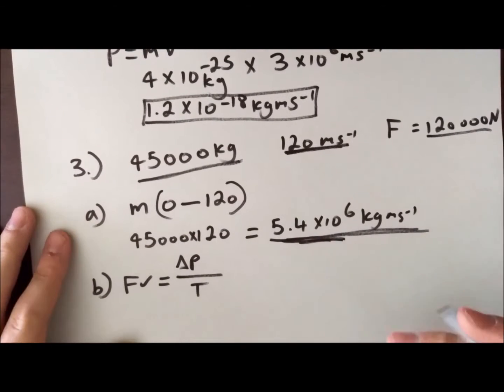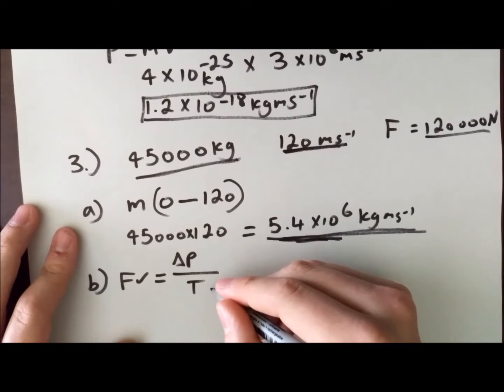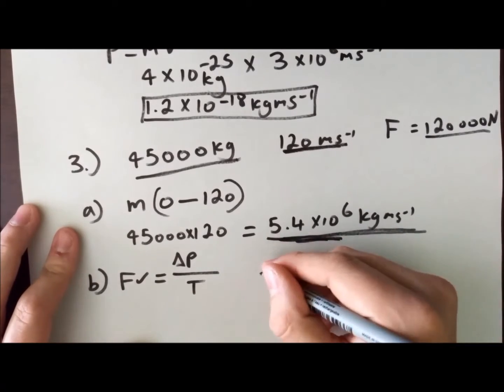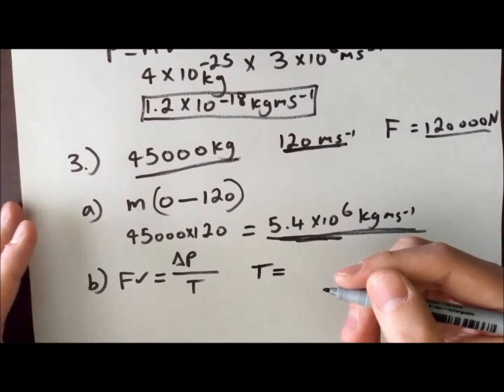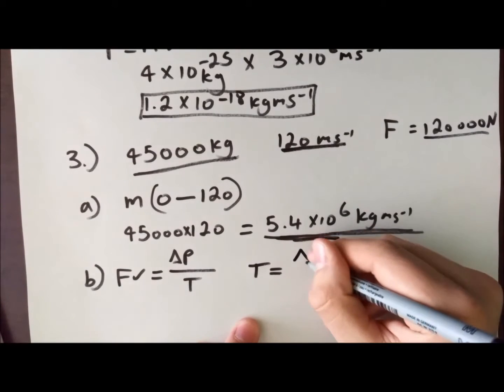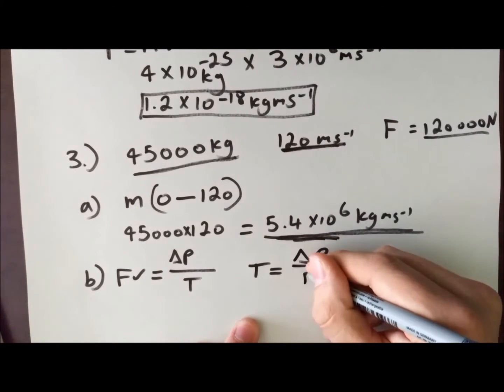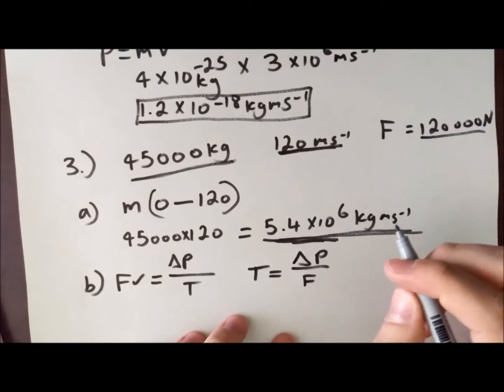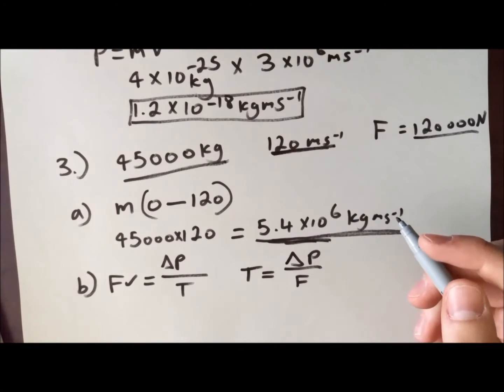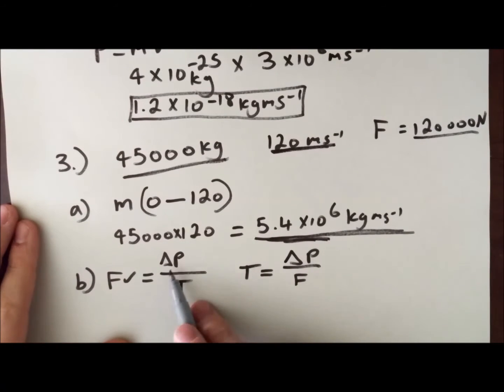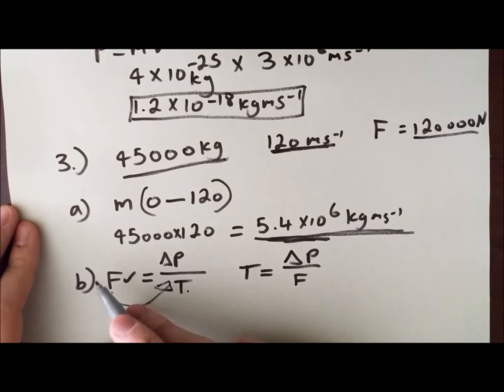So, to get rid of the T, or get it on its own, it's going to be T is equal to change in momentum over force. Now, this is because we divide F to get it over here, and we multiply by T to get it over here.